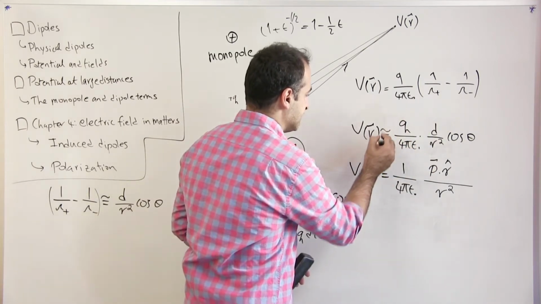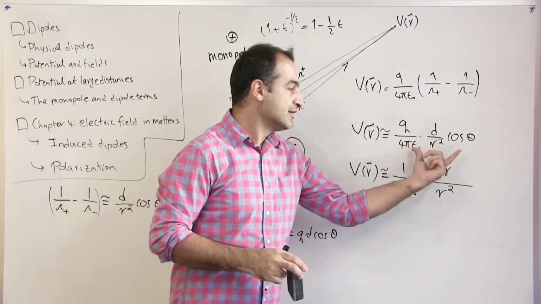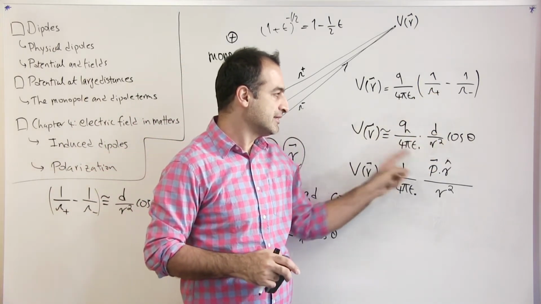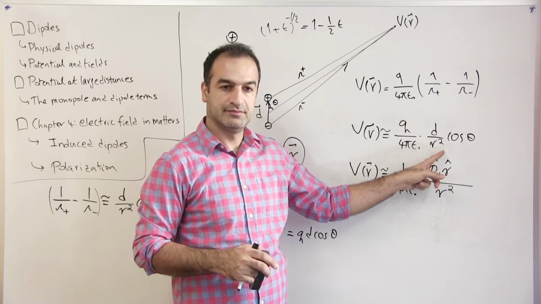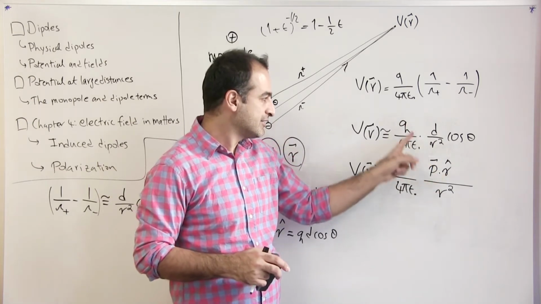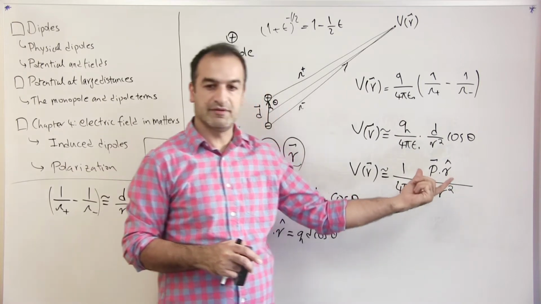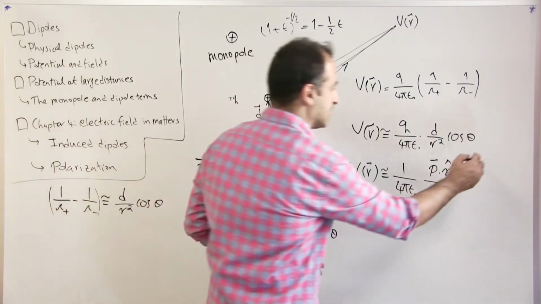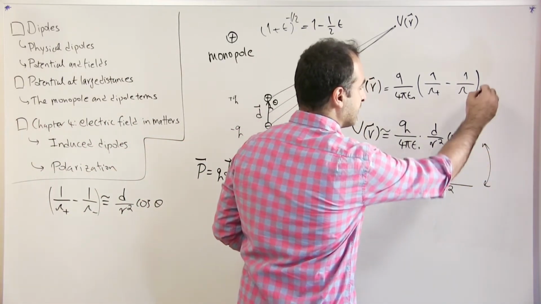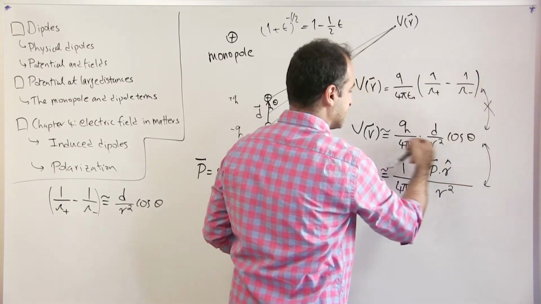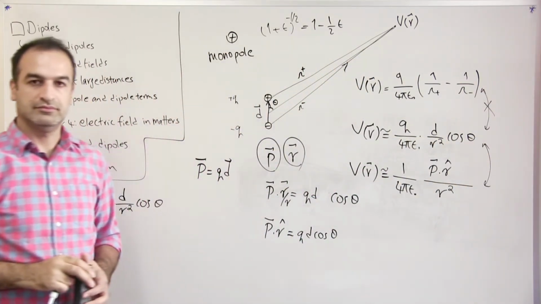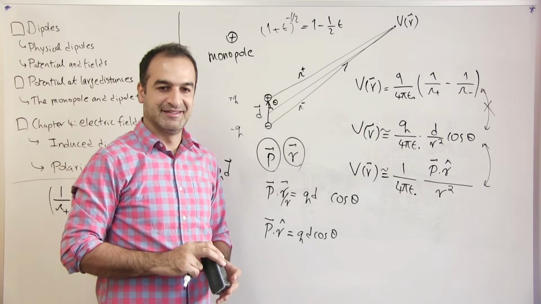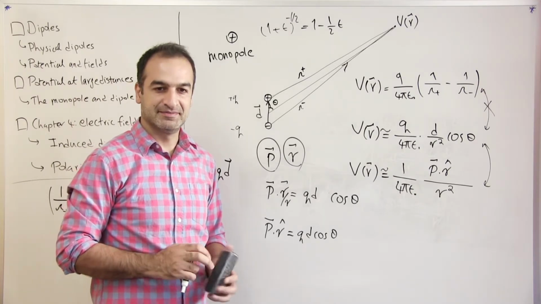Technically, I should put this and this here. If you are far from the dipole, these can be approximated by this term. And here I just wrote QD cosine theta in terms of the dipole moment dot R hat. So these two terms are identical, but these two are not identical. This is an approximation, and this approximation is pretty useful. Sounds good? Any more questions?